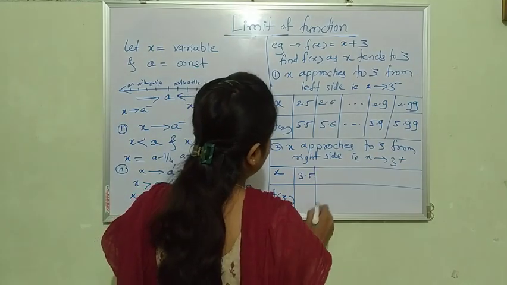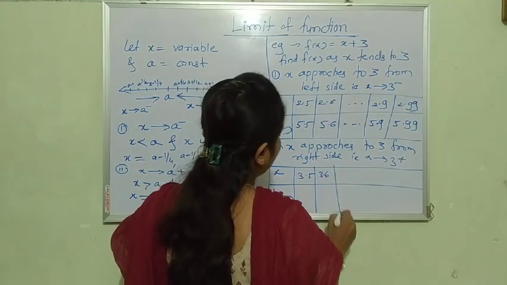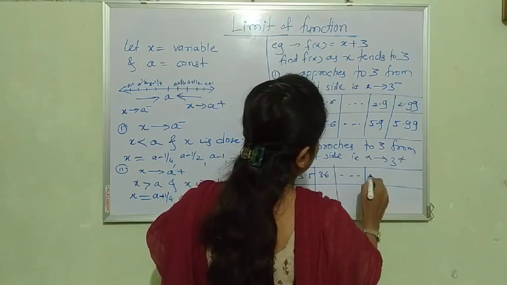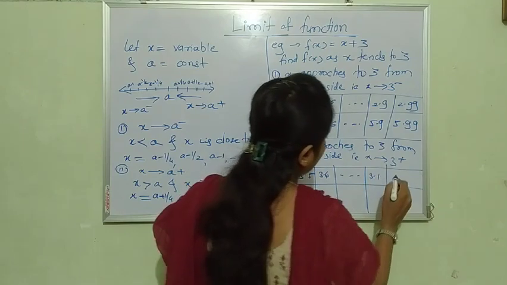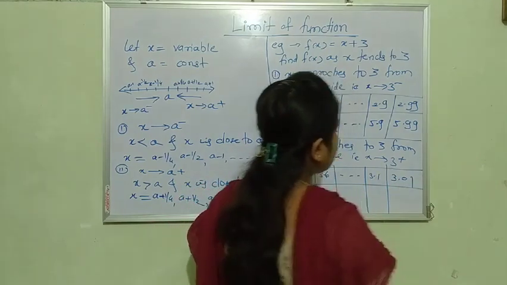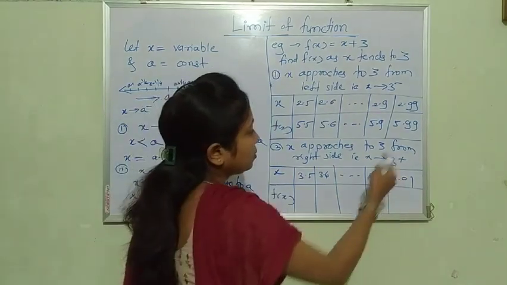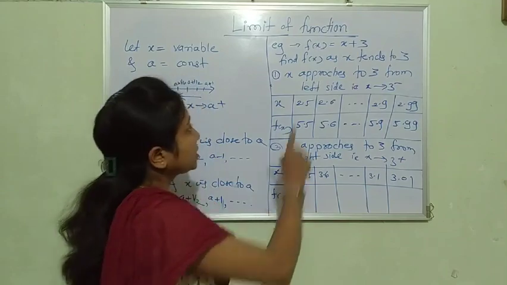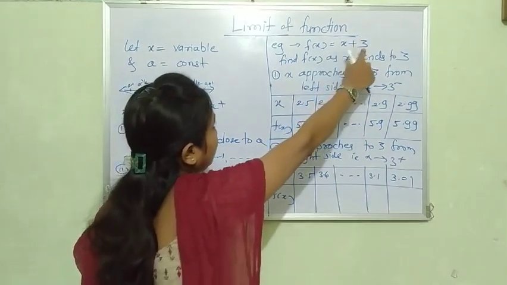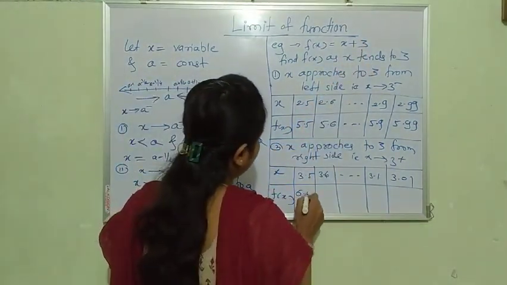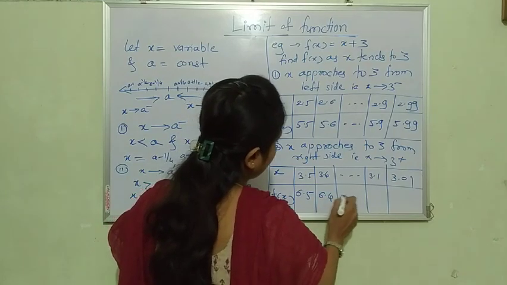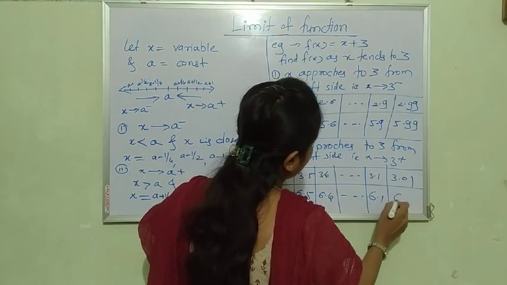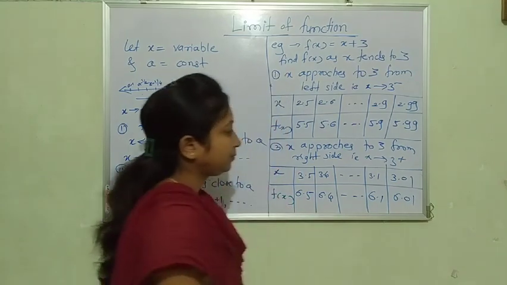I will take, suppose, 3.5, 3.4, 3.1 and next value suppose I will take it as 3.01. Obviously it is close to 3 but not exactly 3. Let us find out the corresponding f of x. 3.5 plus 3, we obtain 6.5, 6.4, 6.1, 6.0.